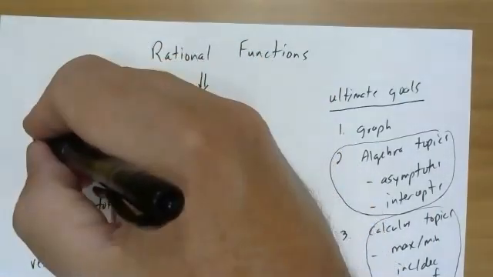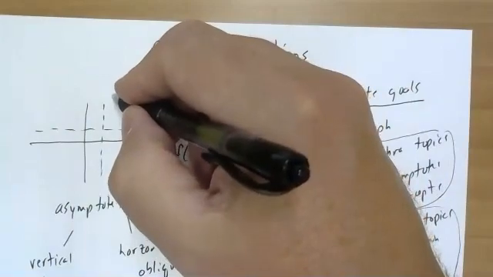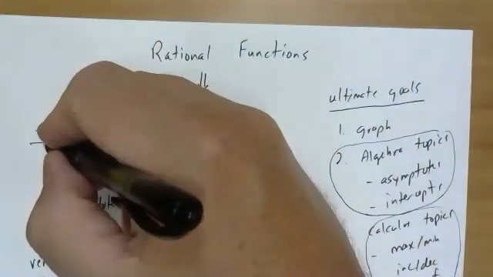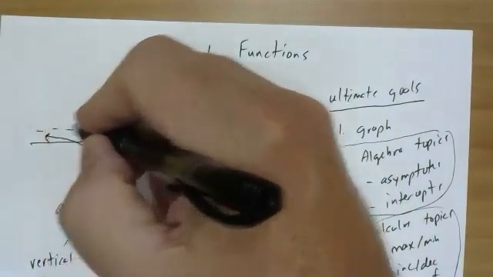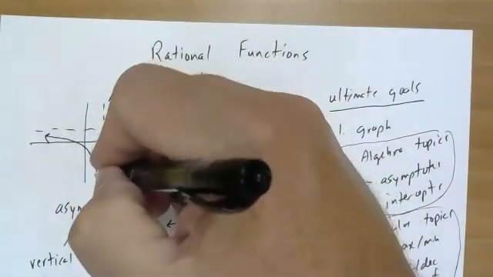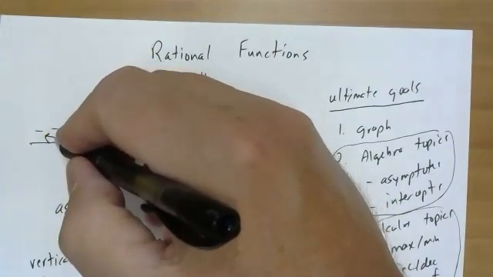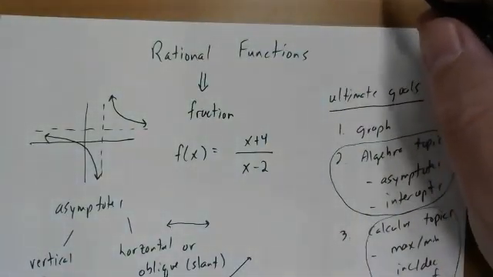So here's a vertical asymptote. Here's a horizontal. If you have something like this, maybe your graph will have two parts. Maybe it looks something like this, where you can see I'm not crossing or touching the asymptotes, although as it gets further away, my graph tracks or goes right next to the asymptotes.